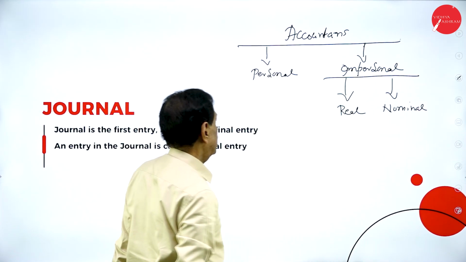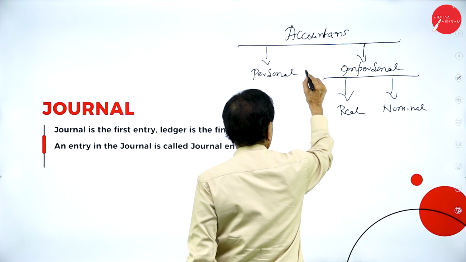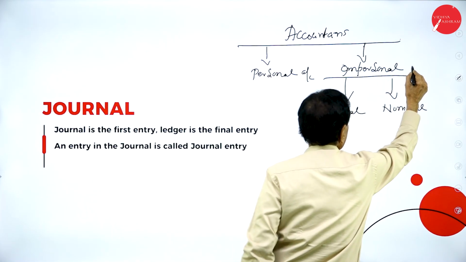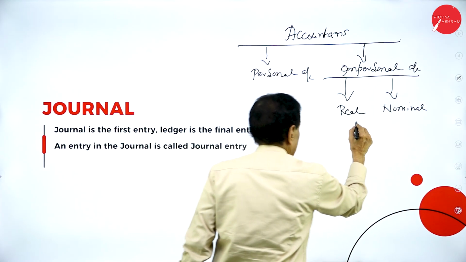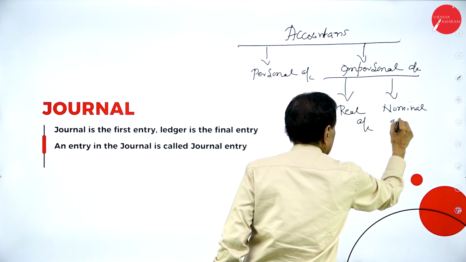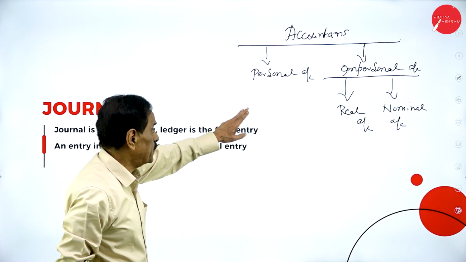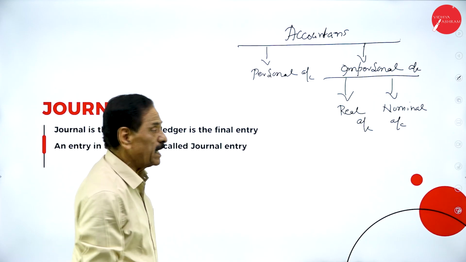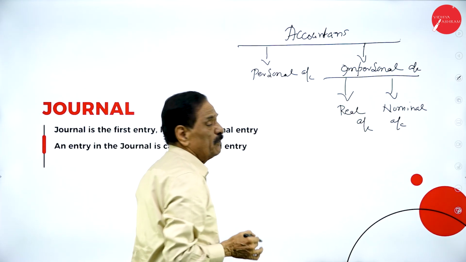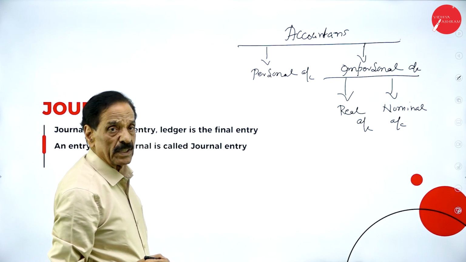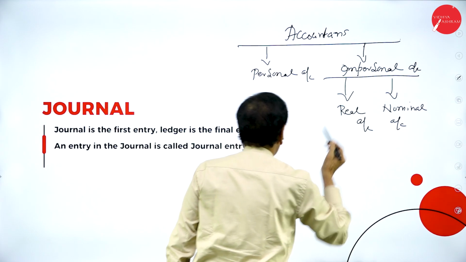So, accountancy can be divided into two groups. This is called personal account. This is called impersonal account. Impersonal account is subdivided into real account, nominal account. So, which are the three accounts here? First is personal and another is impersonal. Impersonal is subdivided into real and nominal account. So, we can say accounts can be divided into three groups. One is called personal account, one is called real account, one is called nominal account.